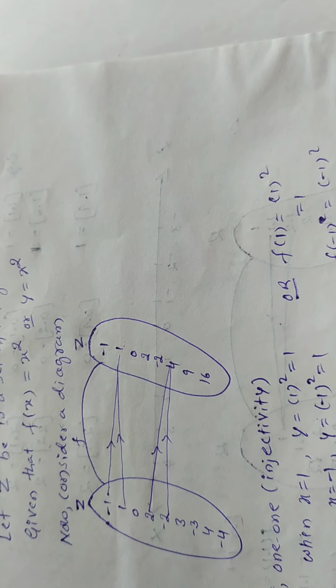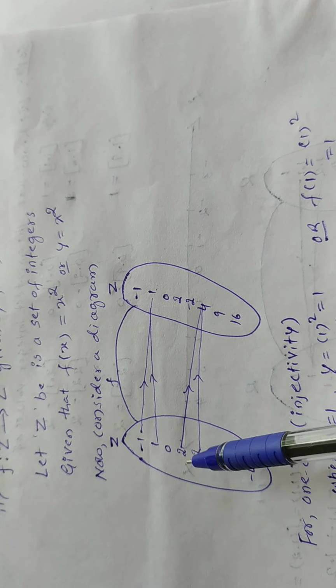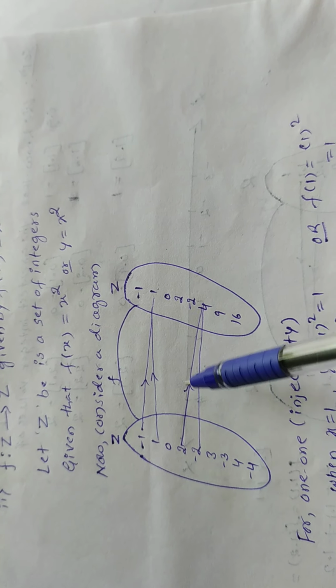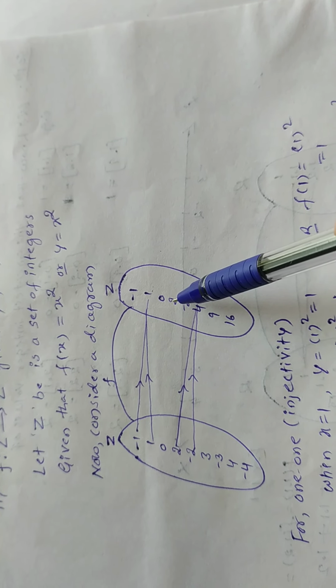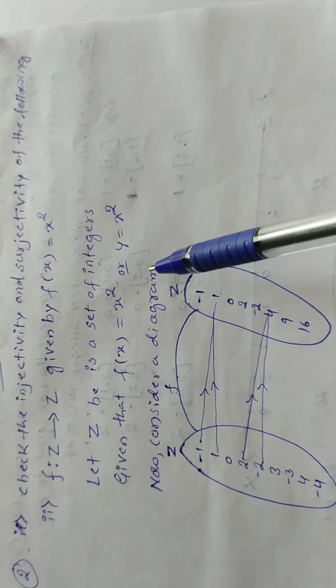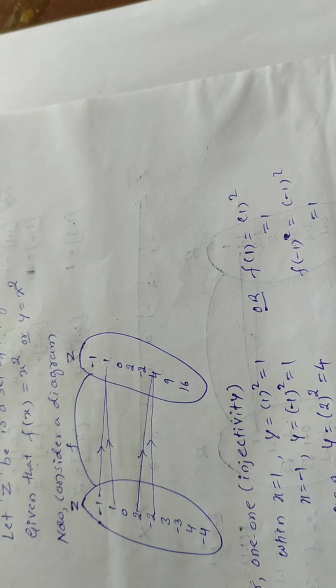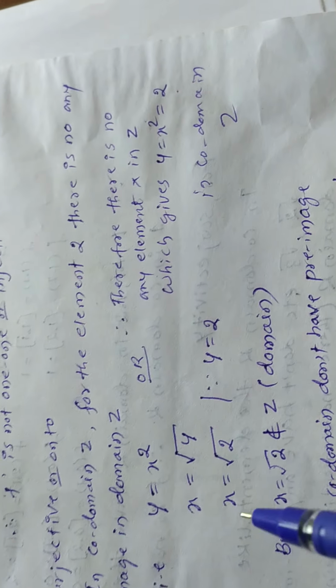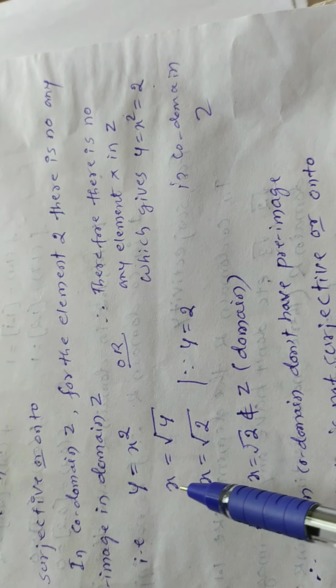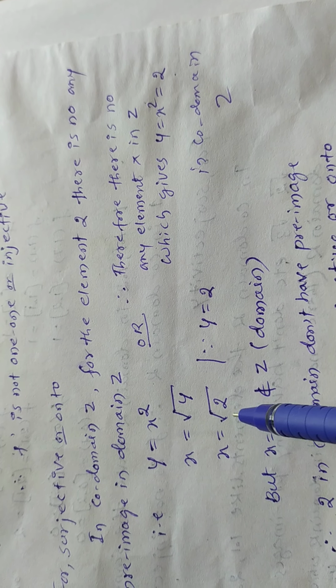For any element x belonging to domain Z, you can't get 2 because 2 is not a square number. In another way, we can also say: when y is equal to x square, x is equal to root y, so x is equal to root 2.